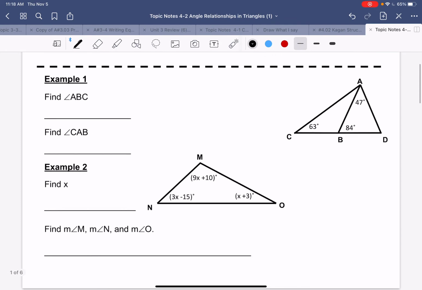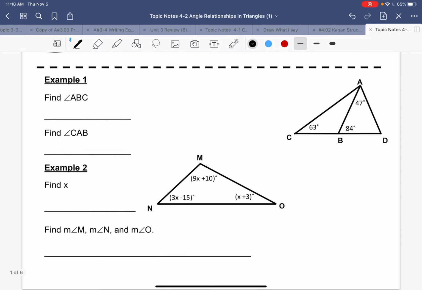All right. So example 1, angle ABC. Angle ABC is that one right there. If you notice, angle ABC is part of a linear pair. So this one right here makes a linear pair, which means these two angles added together, this 84 and this angle ABC, equal 180 degrees.